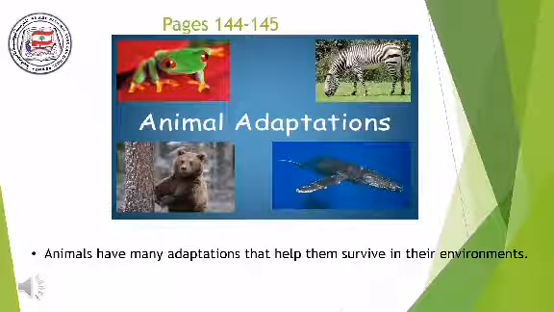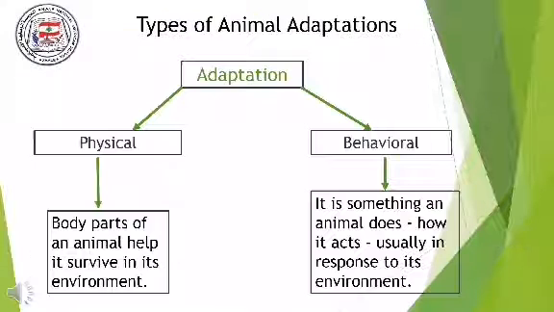Animal adaptations. Animals have many adaptations that help them survive in their environments. As we said before, the definition of adaptation is a physical feature or behavior that helps an organism survive in its environment.